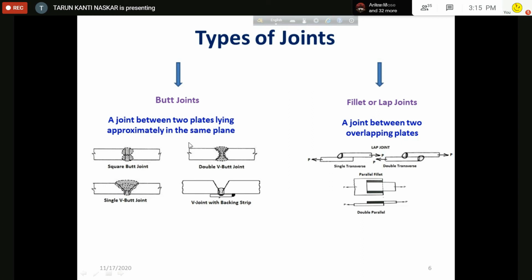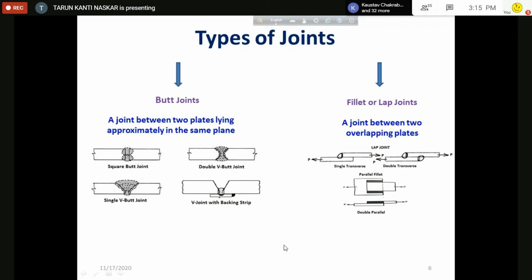In this case it is not transverse, if load is applied here. You see, load is applied here and it is double transverse. Here is welding, here is welding. Now this is fillet. You see the type of fillet. So this is one plate, this is another plate, and the fillet joint is done here.